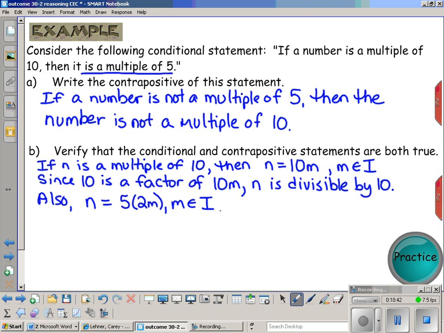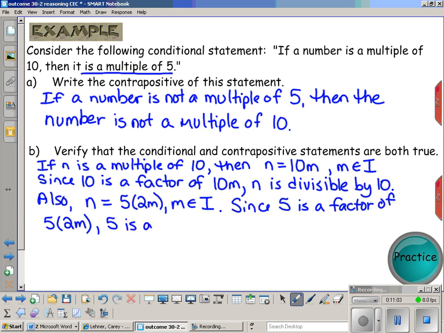We also know that since 5 is a factor of 5 times 2m, and we know it's a factor because we can divide that by 5 evenly every single time, 5 is a factor of n.